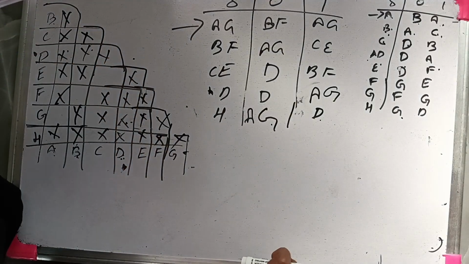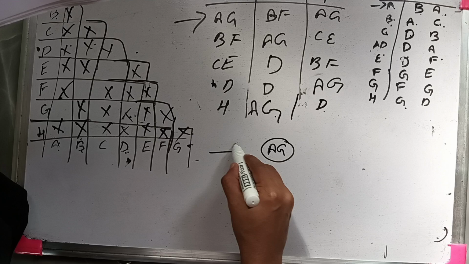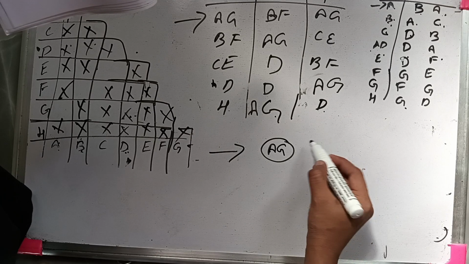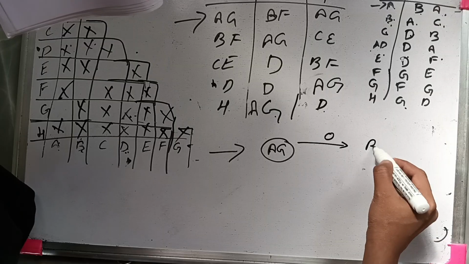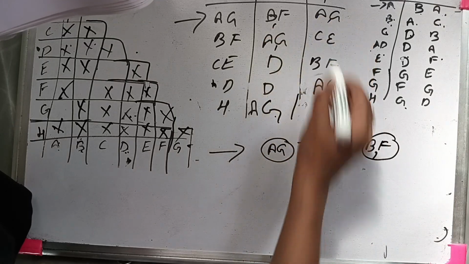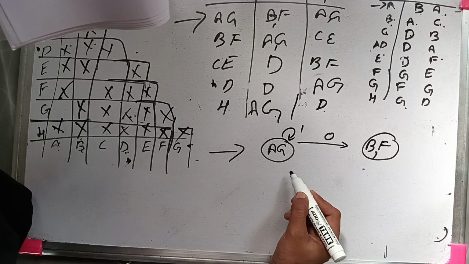Here AG is the starting state. If 0 comes then it goes to BF, B comma F. Next, if 1 comes it goes to AG itself.